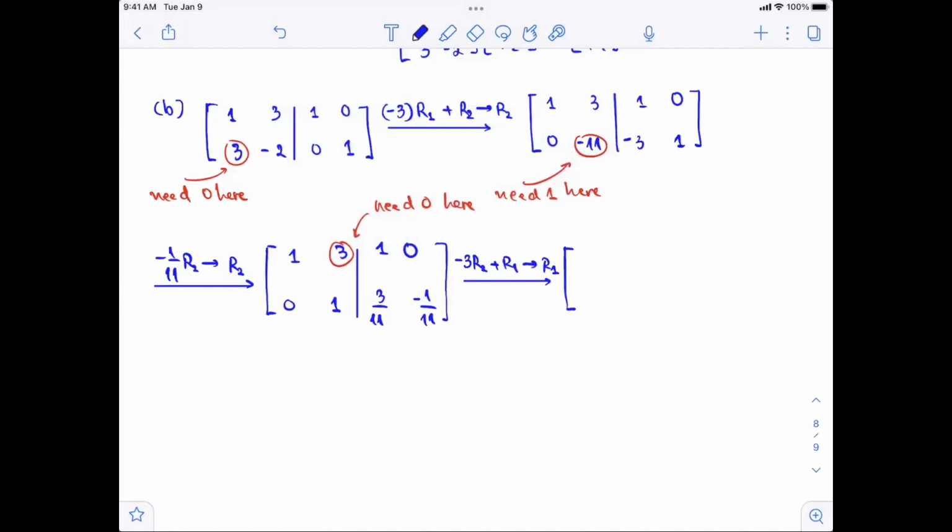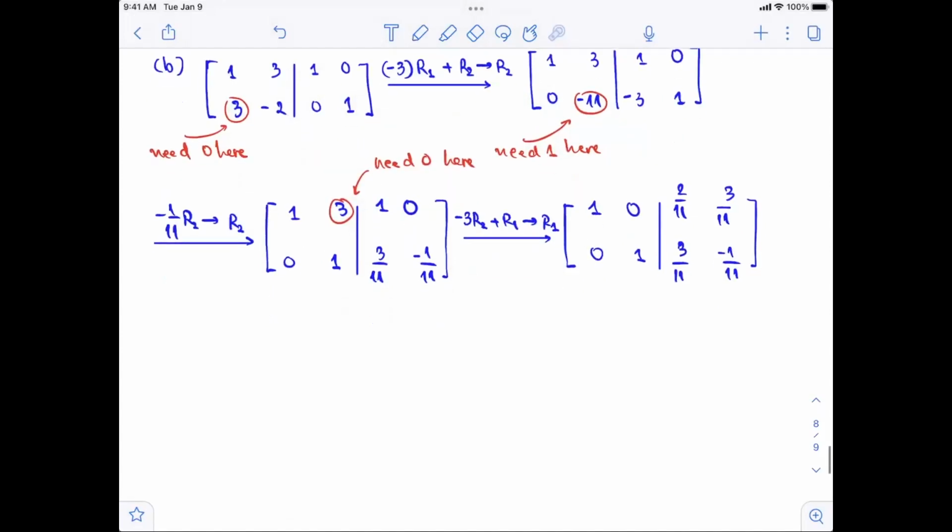Right. So row 2 remains the same, 0, 1, 3 over 11, negative 1 over 11, and row 1 now becomes 1, 0, 2 over 11, and 3 over 11.